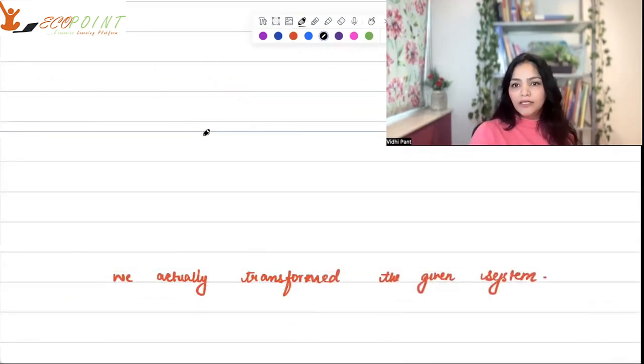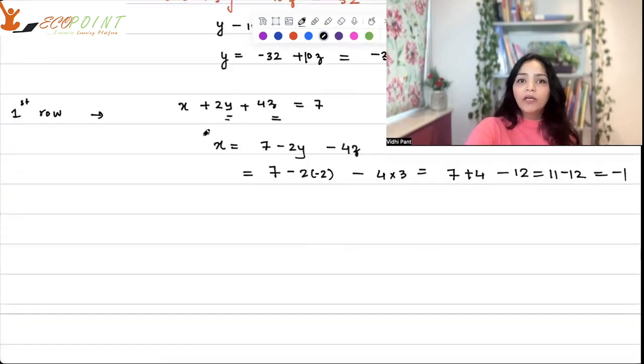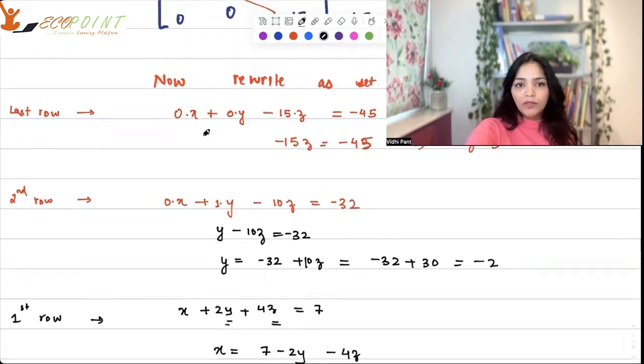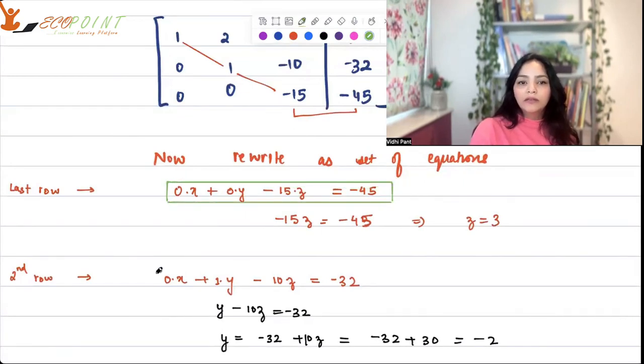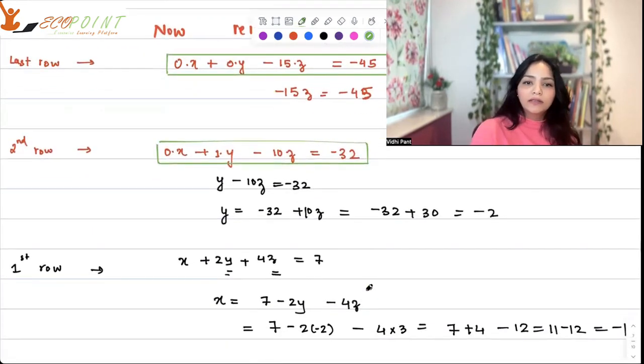Observe what we did in this process. We just transformed the given system to another system. So we had certain equations given to us. We used the elementary row operations, and we got new equations. The new equations were this one and this equation.